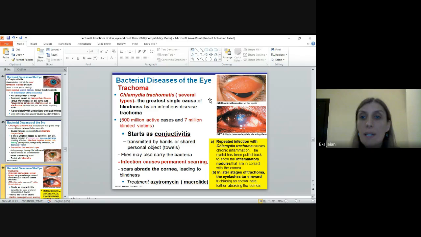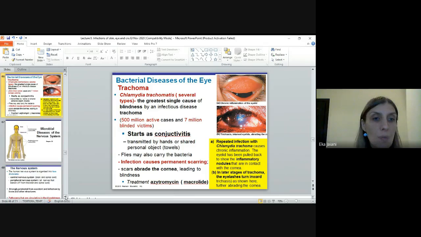It starts as conjunctivitis but then becomes more severe, and this is a persistent infection, which causes persistent inflammation, leading to scarring. When scars are formed on the cornea, it can lead to blindness, and these are the symptoms of chlamydial trachoma. Quite severe clinical manifestation, and antibiotics can be used for treatment.